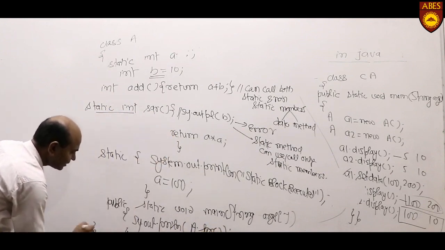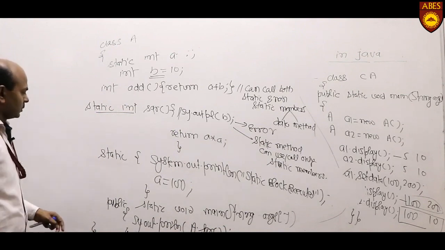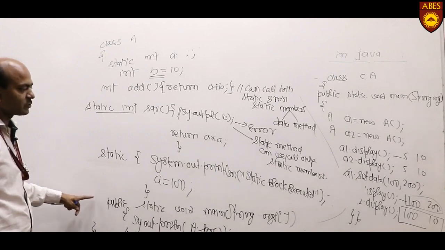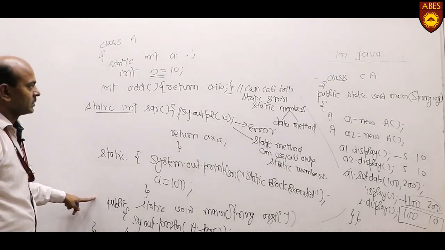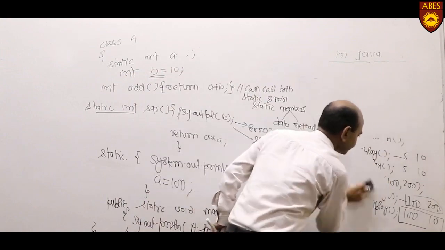Now we will understand what is the output of this program. First we will understand that execution of the program starts from here. So for this, let me remove this.